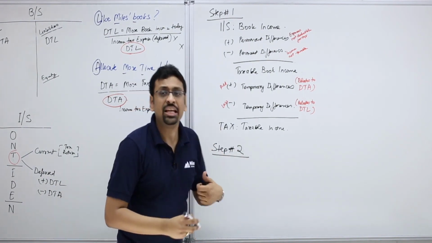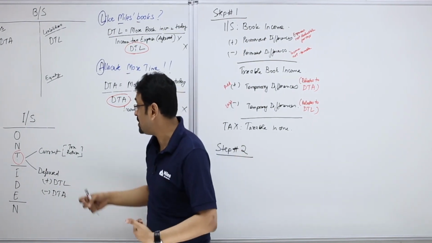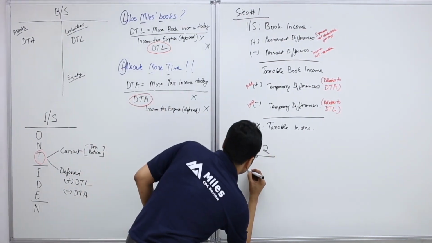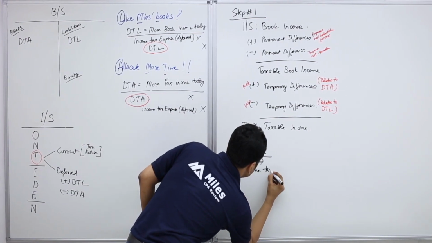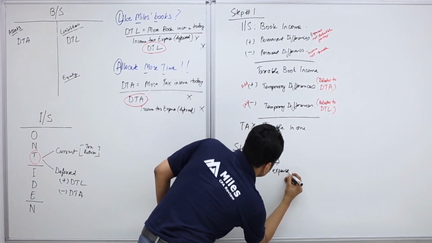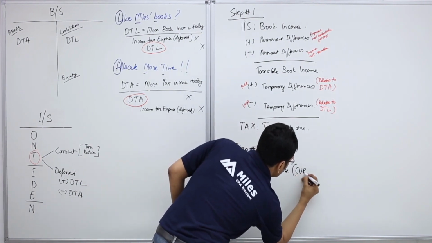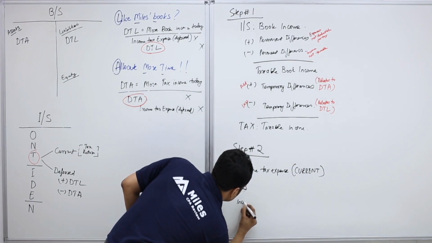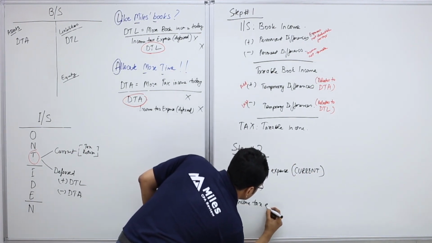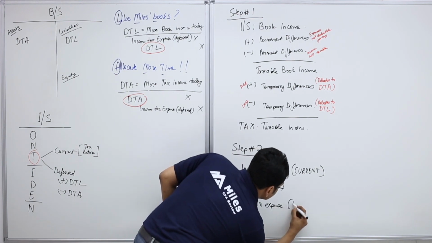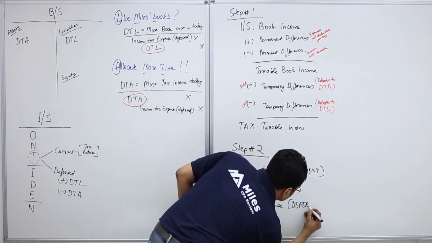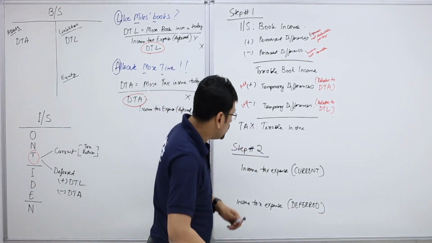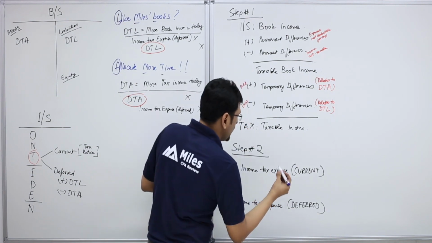So income tax expense, that's the sum of income tax expense current and income tax expense deferred. Income tax expense current, we're going to use this taxable income that we have here.